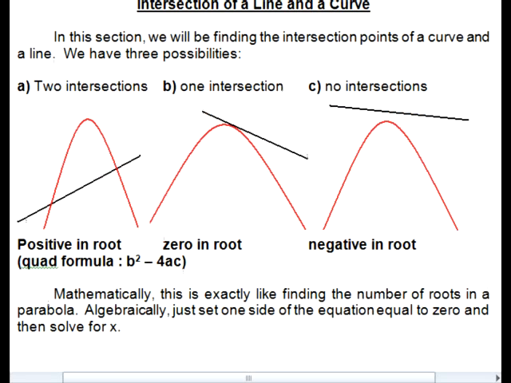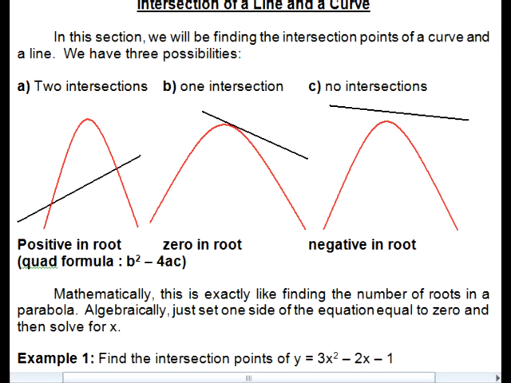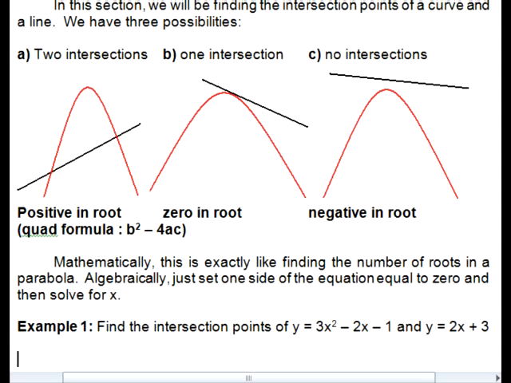Otherwise, here we go. Alright, example 1. It says find the intersection points of y equals 3x squared minus 2x minus 1 and y equals 2x plus 3.